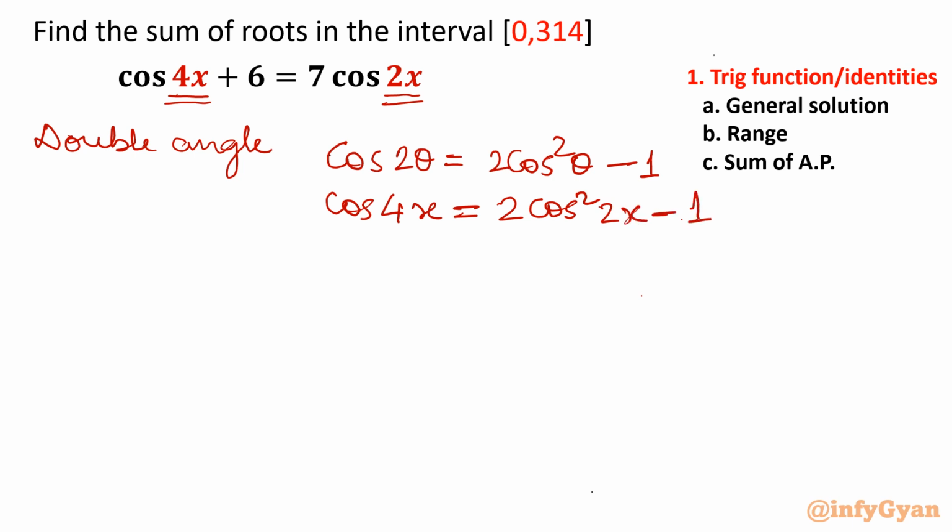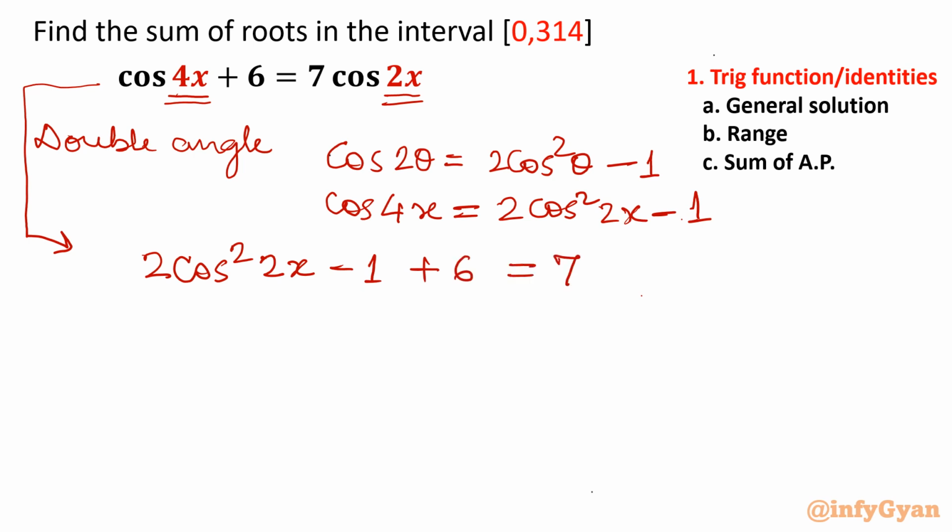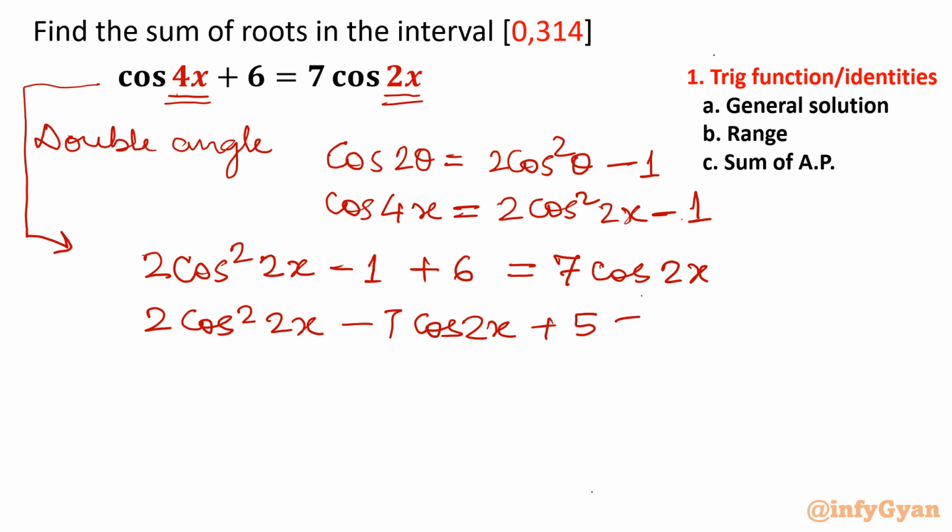So the equation will convert into 2 cos square 2x minus 1 plus 6 equal to 7 cos 2x. Take all the terms to the left side: 2 cos square 2x minus 7 cos 2x plus 5 equal to 0.